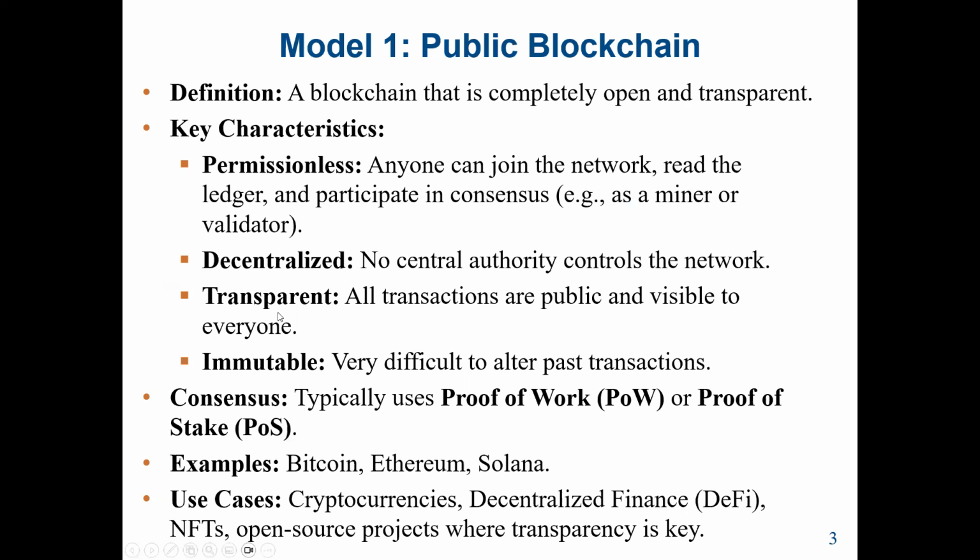It is also decentralized, so there's no central authority. The network is maintained by a global community of nodes. Also transparent: all transactions and data on the ledger are publicly visible and auditable by anyone.